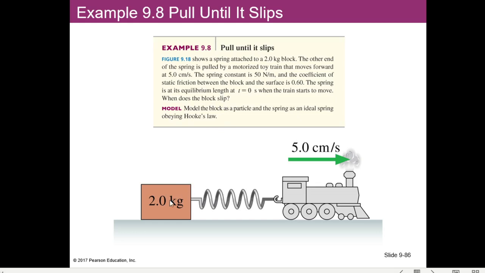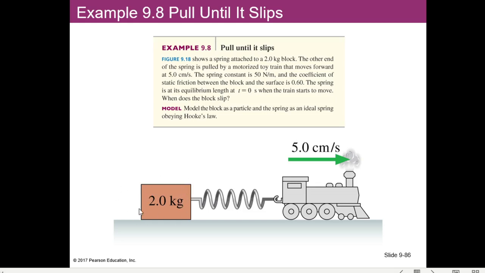The spring is going to create more and more force on the block until it moves. How do I know? Because the train is pulling the spring out, distending the spring more and more, therefore increasing the spring force more and more until the block finally starts to move.